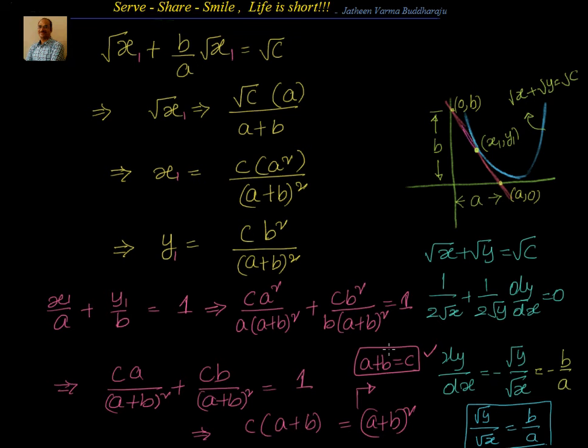Not only that, I have the equation of the curve root x plus root y equal to root c, that gives me dy by dx equal to minus of root y by root x. That's our first equation. The second equation we got is x by a plus y by b equal to 1, and the third equation is the equation of the curve.